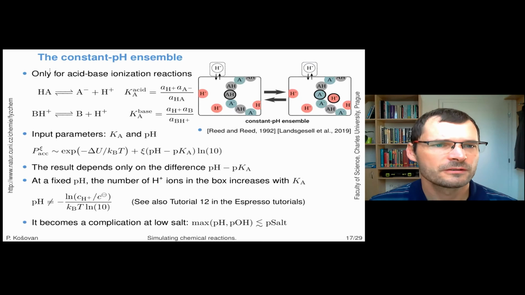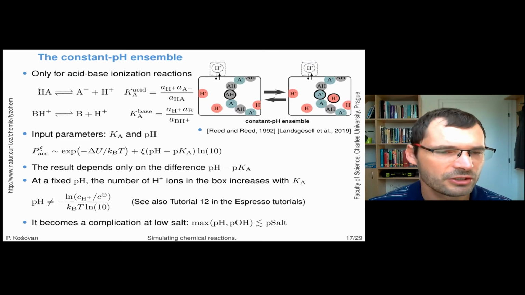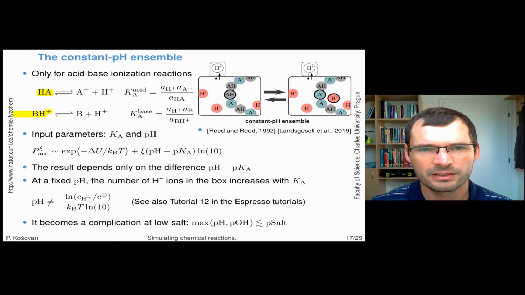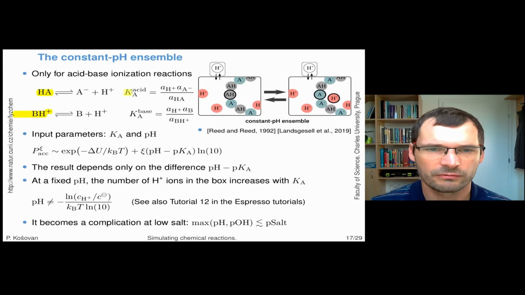This constant pH ensemble has been designed specifically for acid-base ionization reactions. We can either look at the ionization of an acid or at the ionization of a base with equilibrium reaction constants of the acid and base, denoted as pKa and pKb.